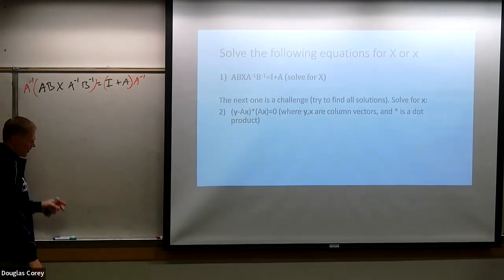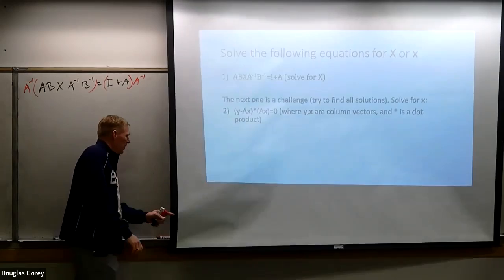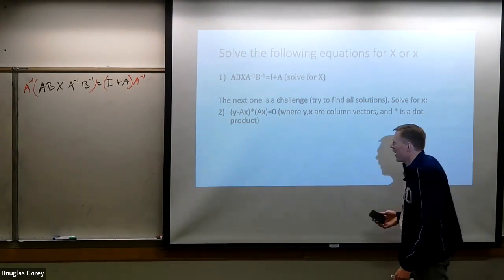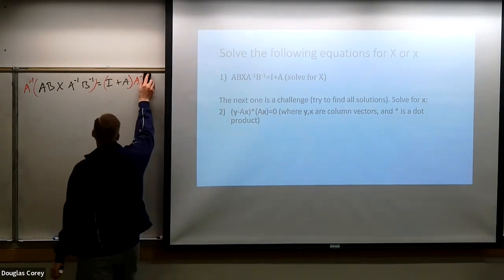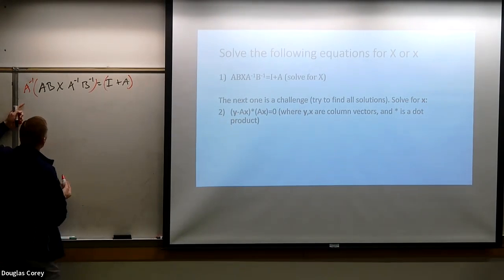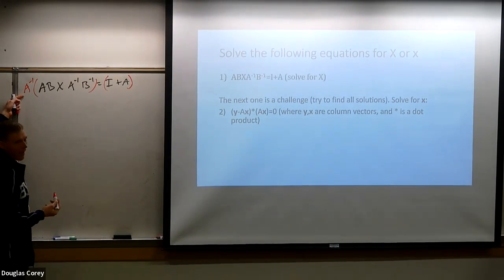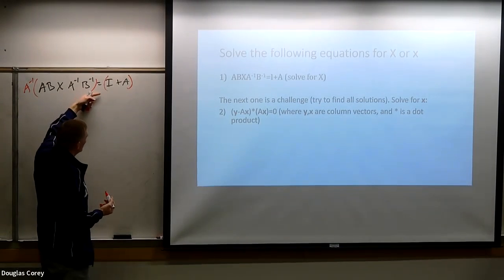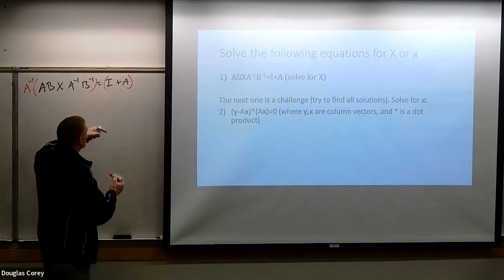That's not the same necessarily. Mathematically, I won't get the right answer. So if I'm going to multiply A inverse on this side to cancel out with this A, then I need to do a left multiplication over here with it.